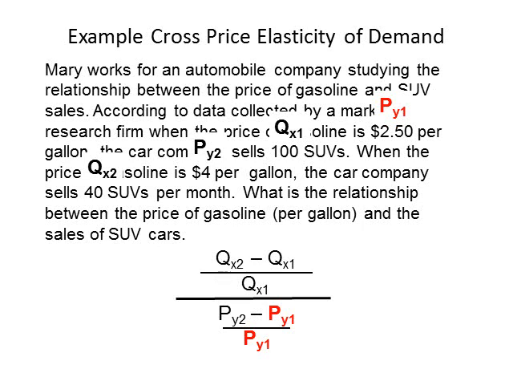The next step is to locate PY1 in the formula and in the problem. Once you have found PY1, substitute in the values associated with PY1. In this example, PY1 is associated with $2.50.